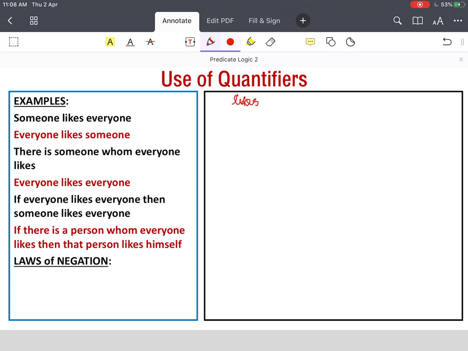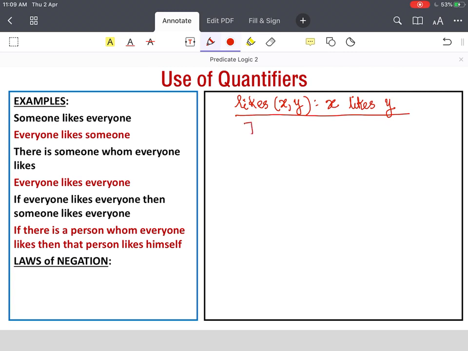Let us assume that we have a predicate called likes, to indicate that x likes y. So this is our predicate, x likes y, and this is the only predicate we have here for these 6 examples.